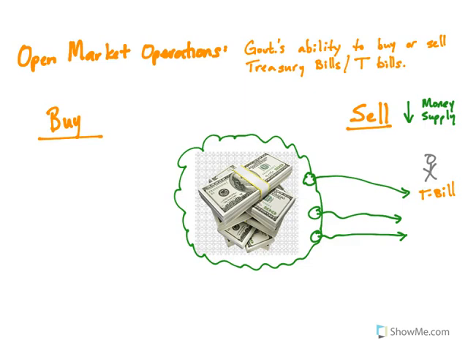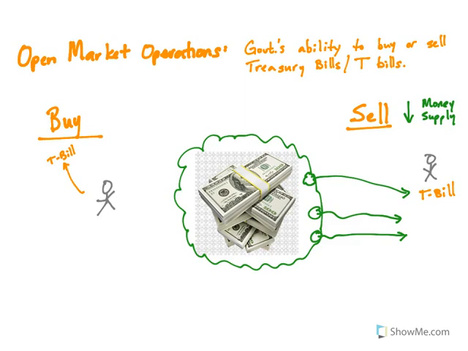And when the government buys back treasury bills, what happens with the people? We have to give our treasury bills back to the government, but what does the government give back to us?